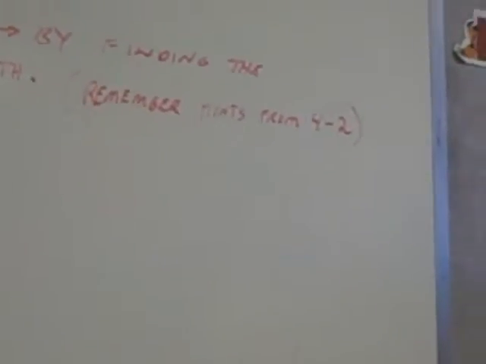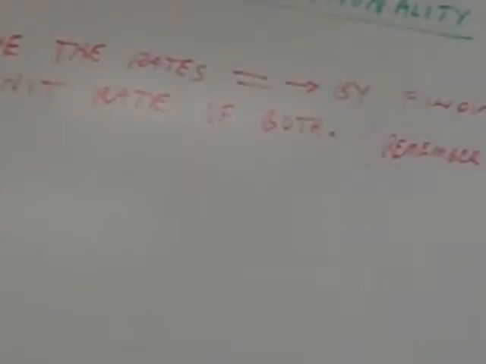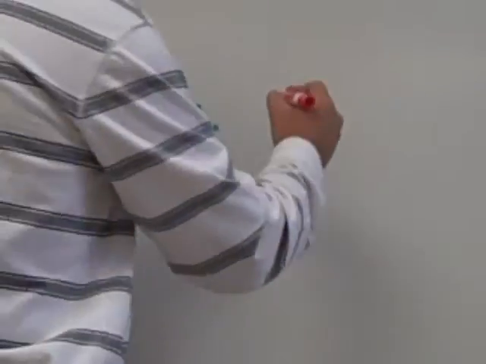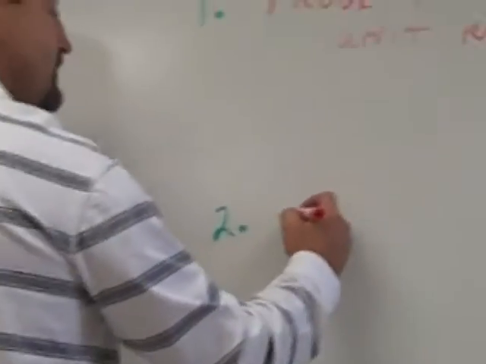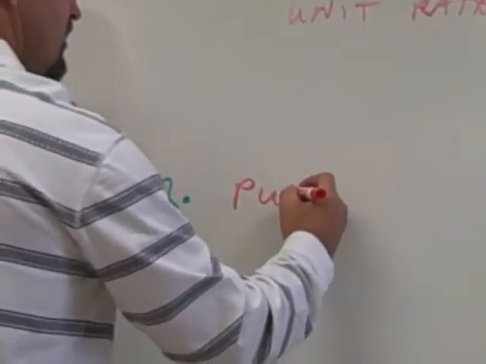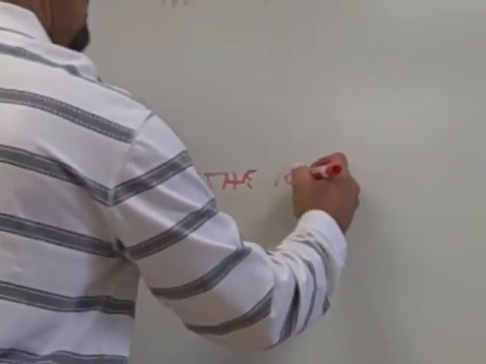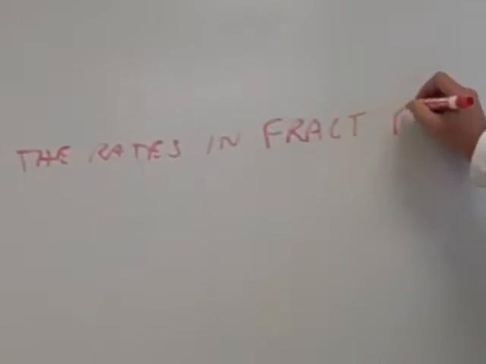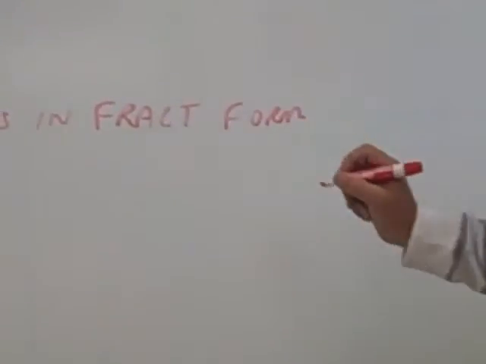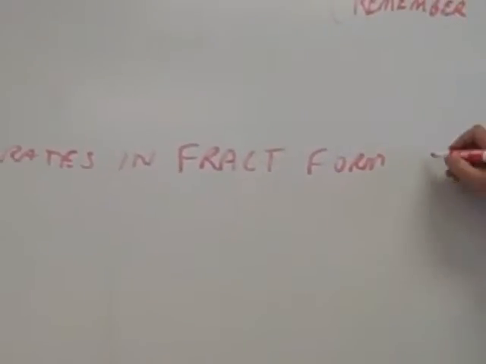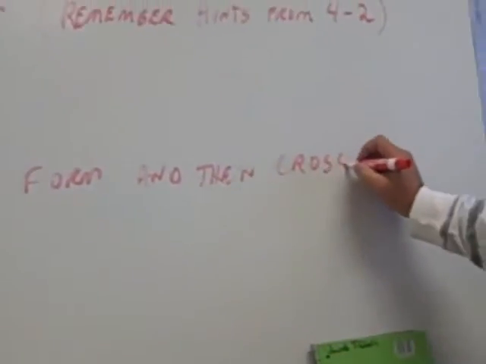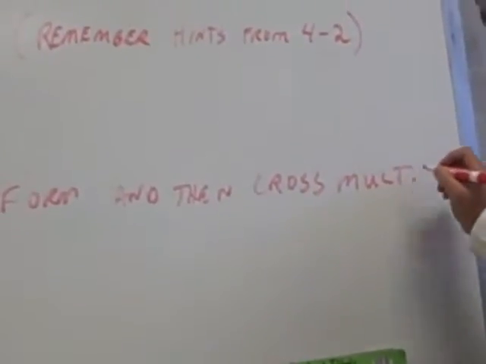Remember the hints from 4-2. The second way, we really didn't work any of these, but it is a way to do it in case some of you like doing it. Put the rates in fraction form, and then cross multiply.